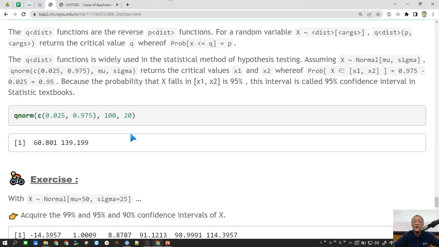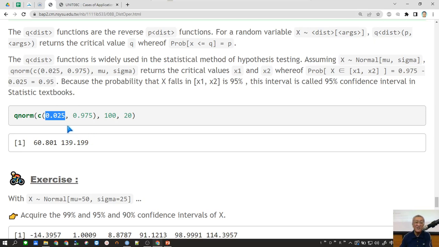So we actually need to know the quantile at 0.025 to 0.975, isn't it? In the left tail and in the right tail, we want to take 2.5% respectively.